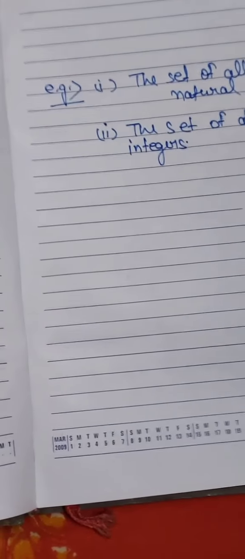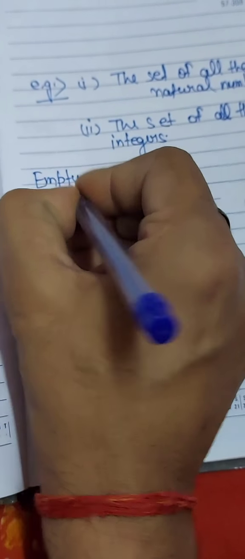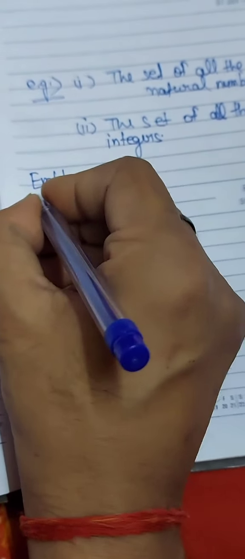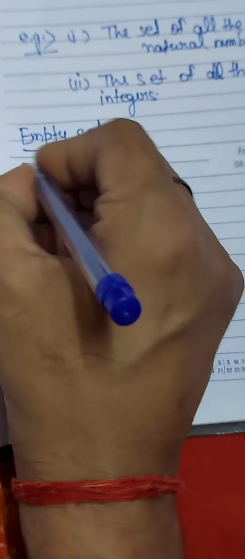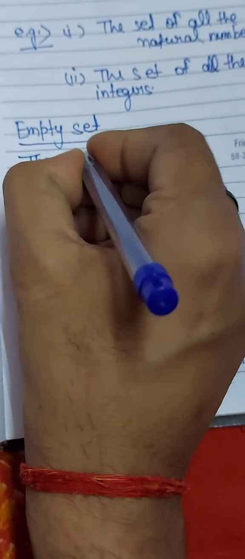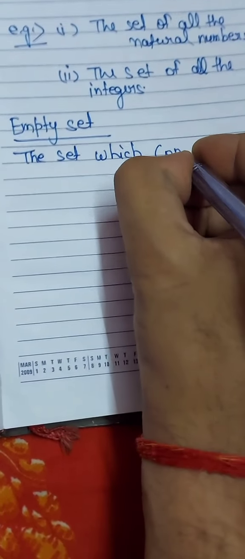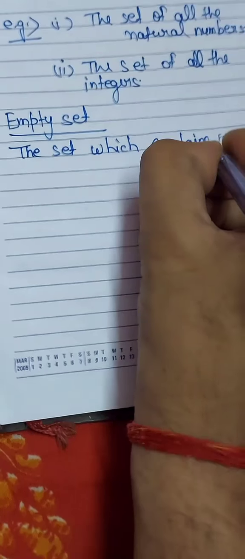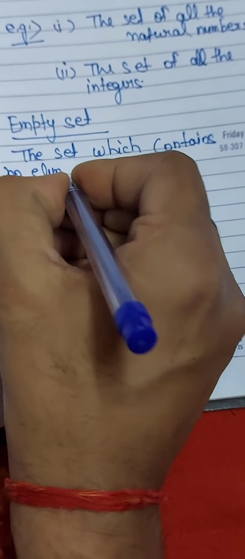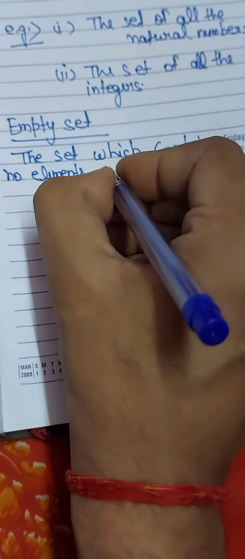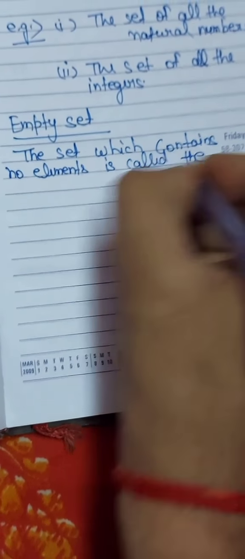Okay, now there is the empty set, a very important type of set in set theory. The set which contains no elements is called the empty set.